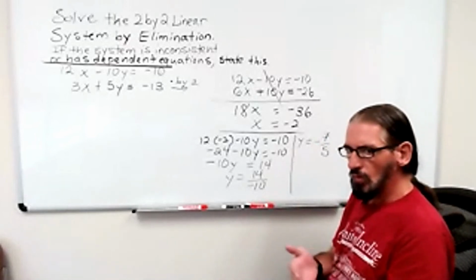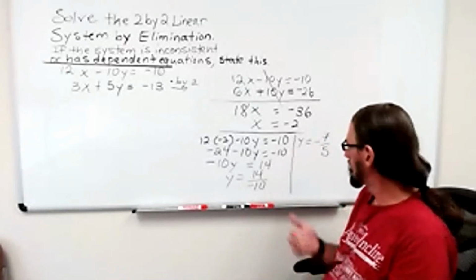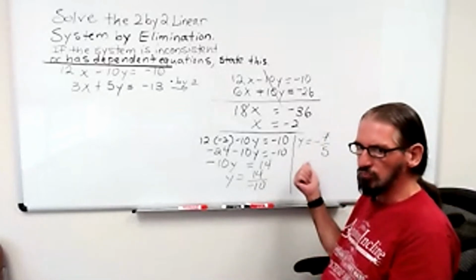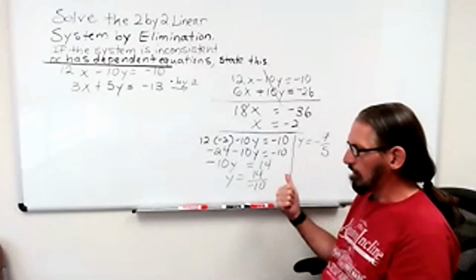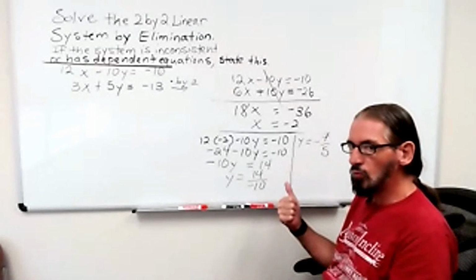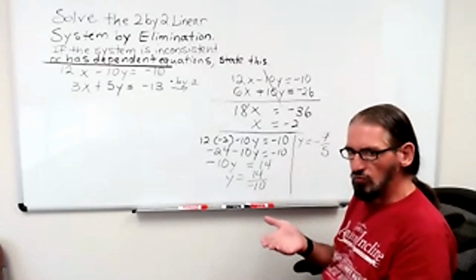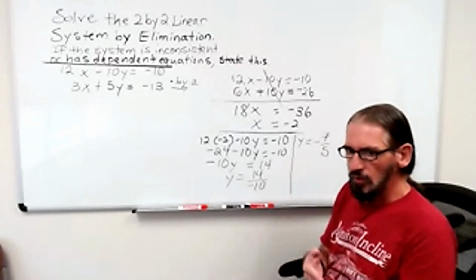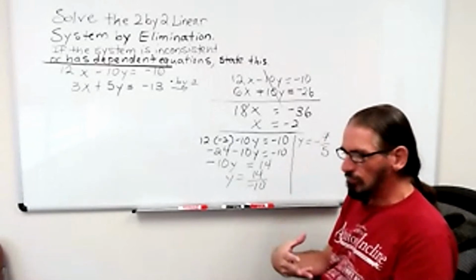However, if you're using an online homework system, instead of writing that it's negative 1.2, it's probably going to tell you to use integers or reduced fractions as you type in your answers.